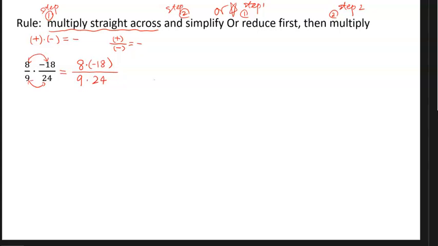They don't need to line up. So 8 and 24, they both contain a factor 8. So we can divide both numbers by 8. So we have 8 divided by 8, that gives us 1. 24 divided by 8, that gives us 3. So 8 is reduced down to 1, 24 is reduced down to 3.